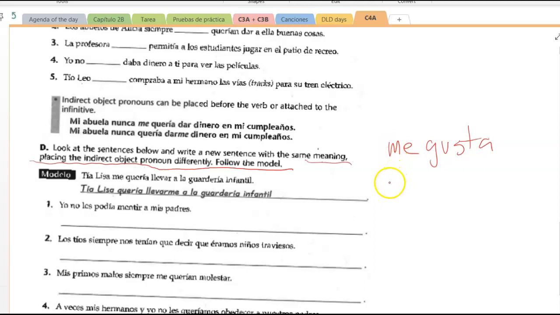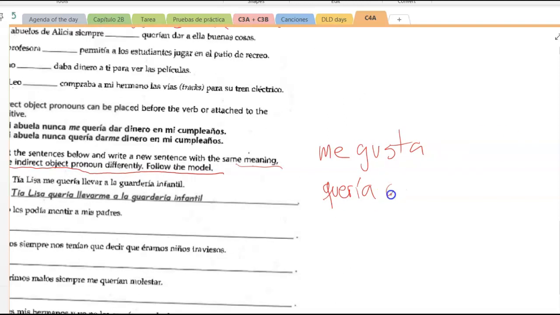For example, quería ayudar. Let's say someone wants to help me. You can say me quería ayudar or quería ayudarme. You can place it at the beginning or at the end because there are two verbs.